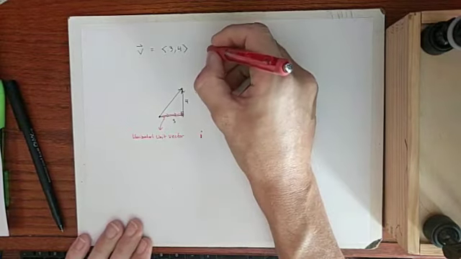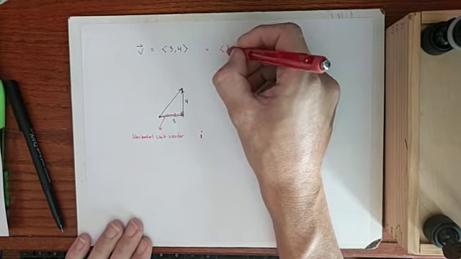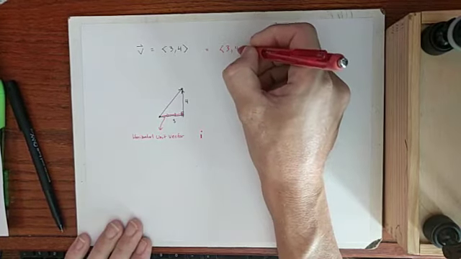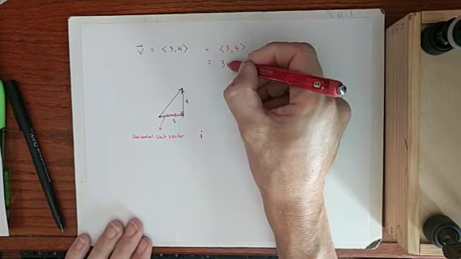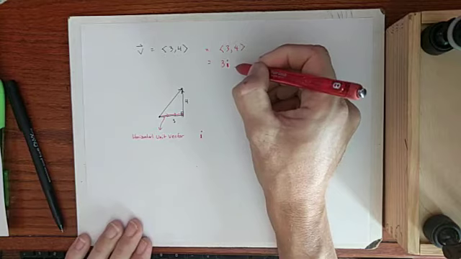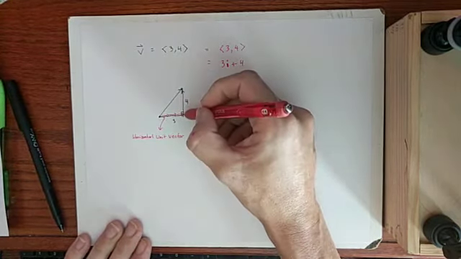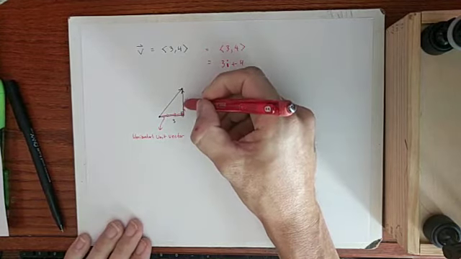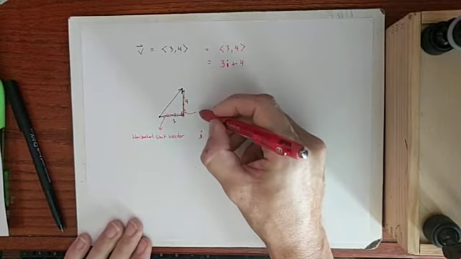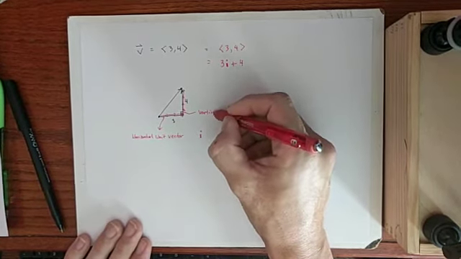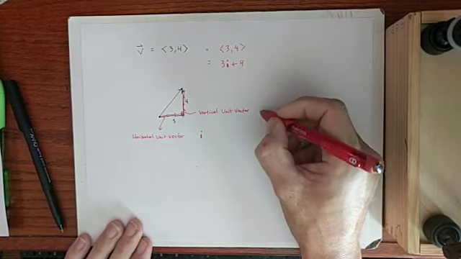So we can say that this vector has components 3, 4, but we can take 3 and multiply it by vector i and add it to 4 times this other vector. So there's going to be 4 unit vectors this way, 1, 2, 3, 4, and that is a vertical unit vector, and that is called j.